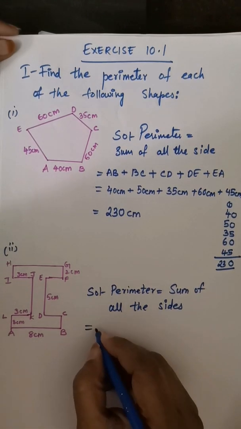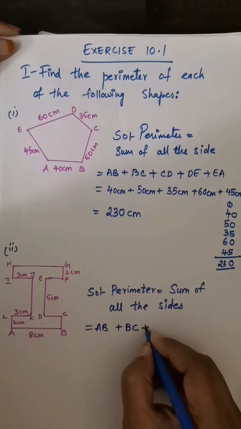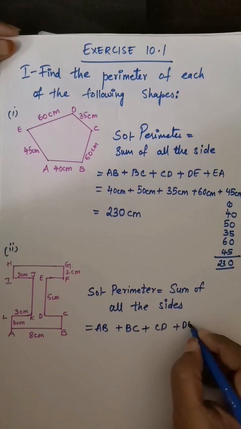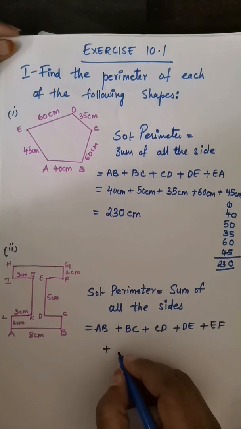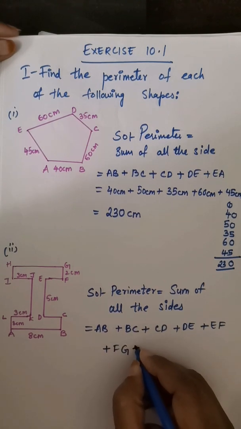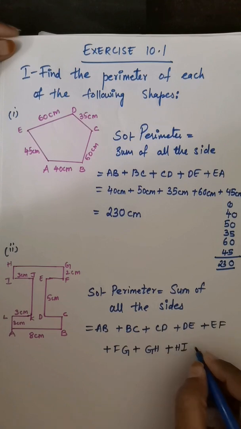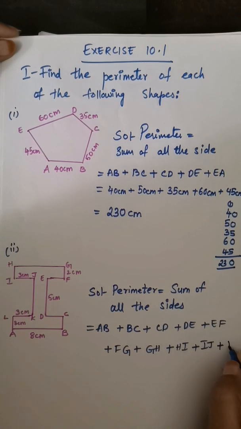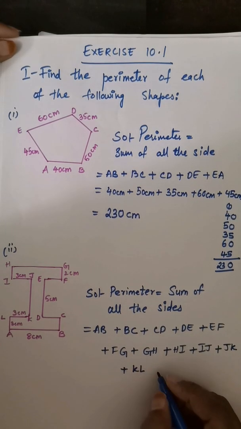Now start from A. AB plus BC plus CD plus DE plus EF plus FG plus GH plus HI plus IJ plus JK plus KL plus LA.